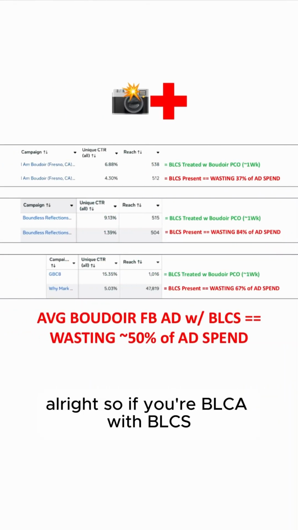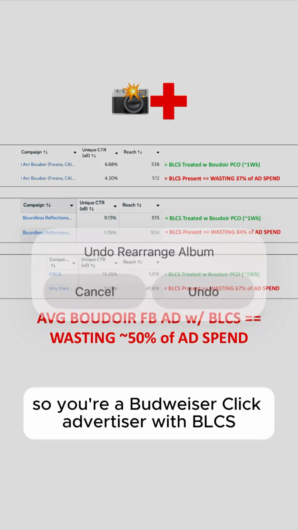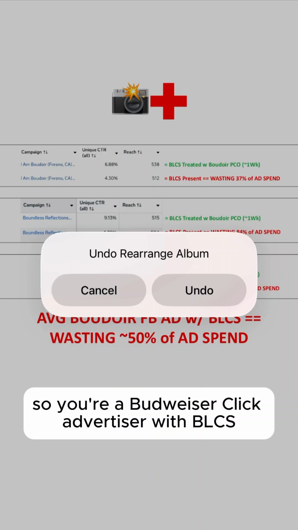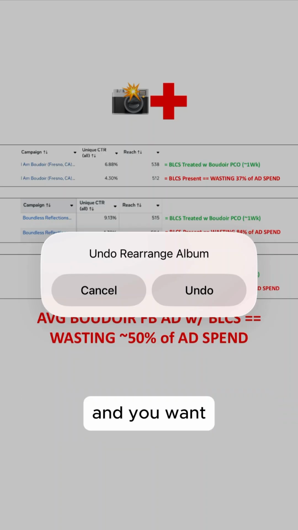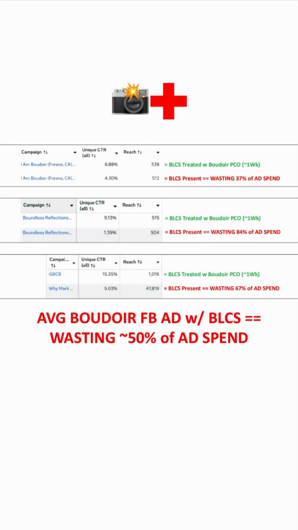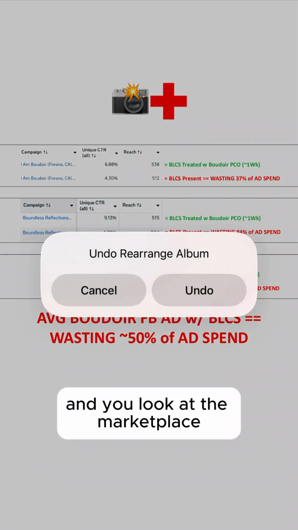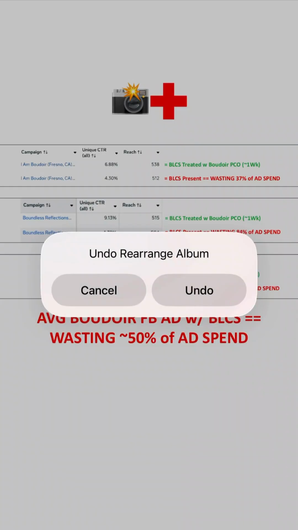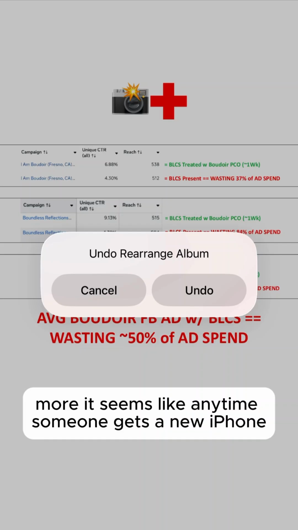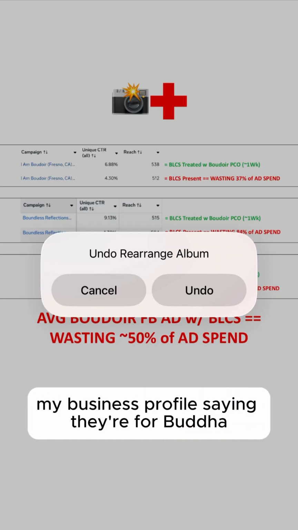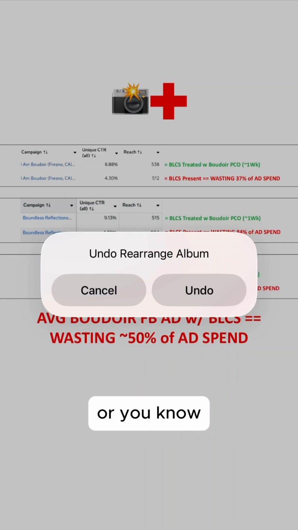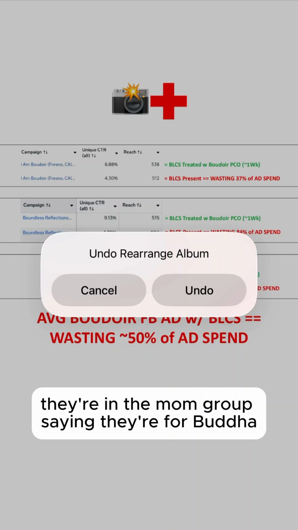All right, so if you're a BLCA with BLCS, so you're a Boudoir low click advertiser with BLCS, and you spend more than 10 grand a month on Boudoir Facebook ads, and you're looking at the marketplace, you need to get more saturated. It seems like anytime someone gets a new iPhone, they're setting up their Google My Business profile saying they offer Boudoir, or anyone gets a new camera, they're in the mom group saying they offer Boudoir.